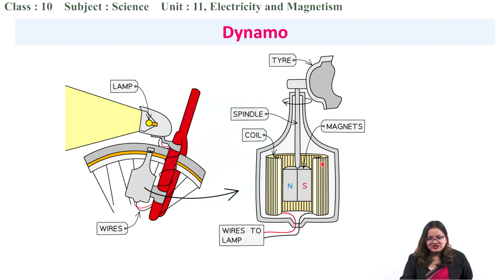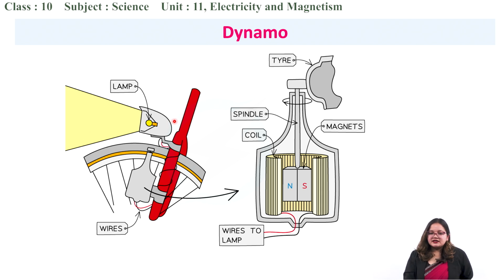Magnetic flux changes. So when these magnets start to rotate around, magnetic flux starts changing, and the conductor around this coil starts to gain EMF. Here we can see the EMF has been induced, and when these wires are connected to the lamp, you can see it gives power to this lamp which is held in front of the bicycle.